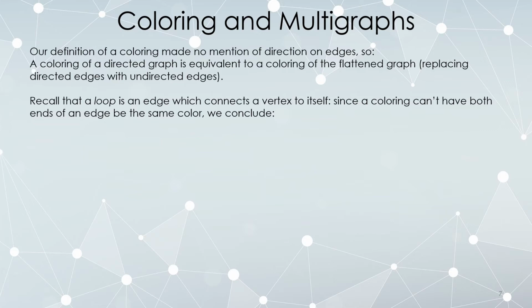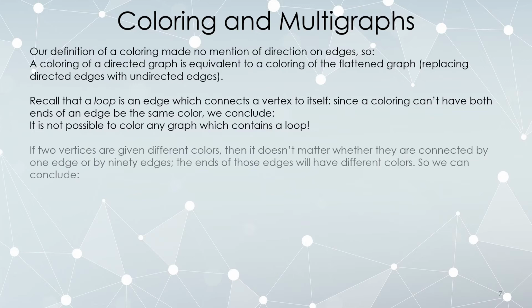Since a coloring is not allowed to have both ends of an edge have the same color, we conclude that it's not possible to color any graph with a loop because the start and stop vertex, the 2 sides of the edge, would be the same vertex. And so you can't possibly give the same vertex 2 different colors with an actual function. So if a graph has a loop, there is no way to color that graph.